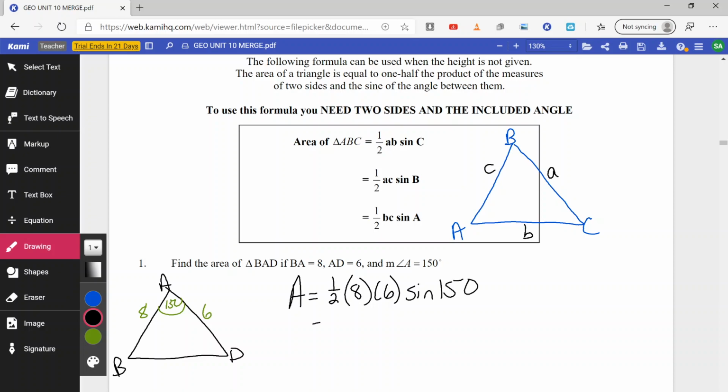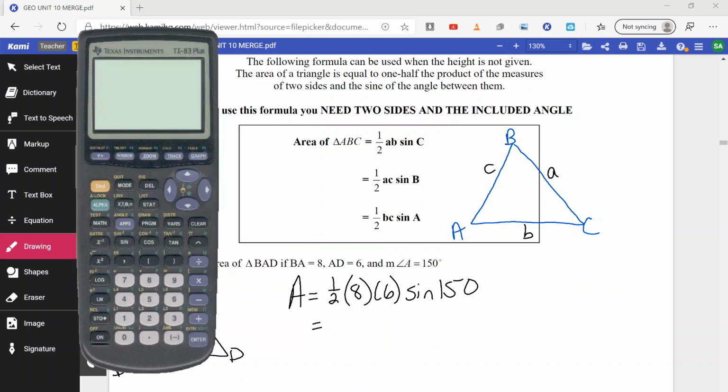And all we have to do is plug that into the calculator to figure out what the measurement is. Now again, we're dealing with degrees within a triangle, so we need to make sure that we are in the correct mode. So in my case, I have to go over to degree and hit enter.